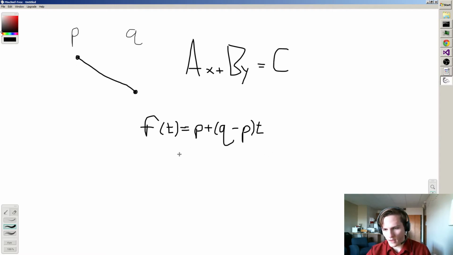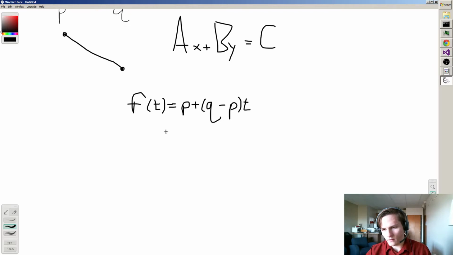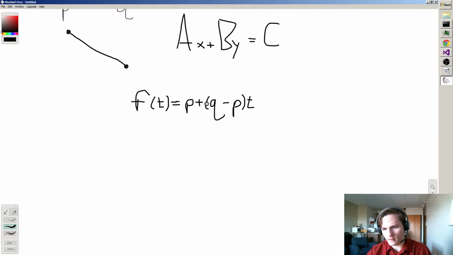And if I do that out, that's like 2 different functions, one for x and one for y, so I get x at any given t equals p of x plus (q of x minus p of x) t, because I don't really need those parentheses, but I'll just leave it.